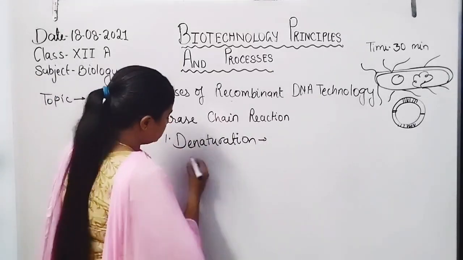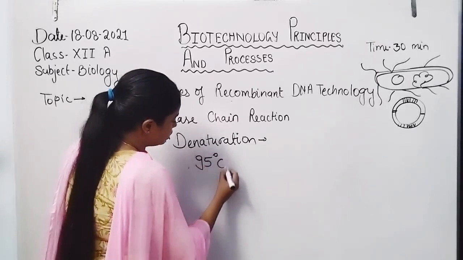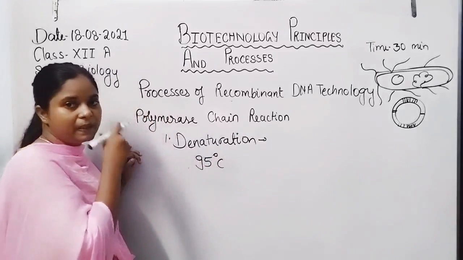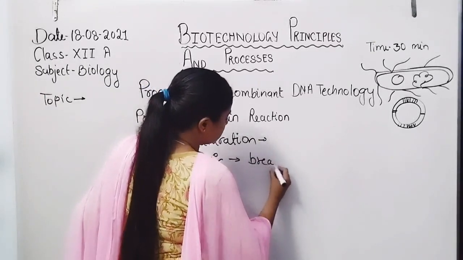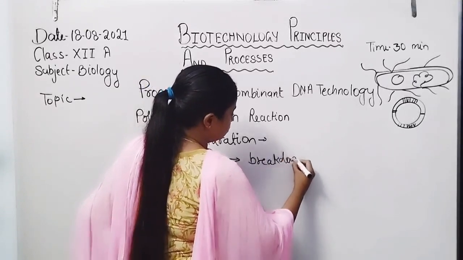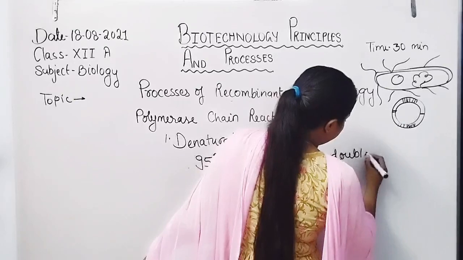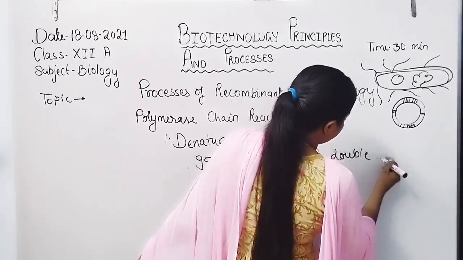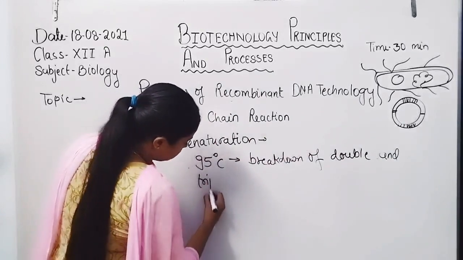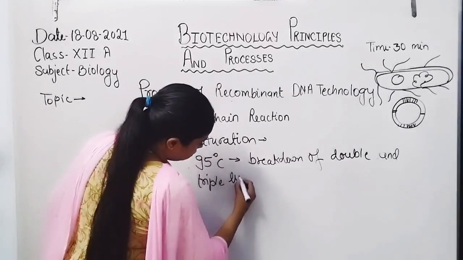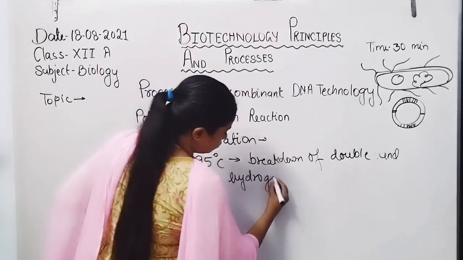First we increase the temperature, giving the medium a temperature increase to 95 degrees centigrade, which simply breaks down the double and triple hydrogen bonds.